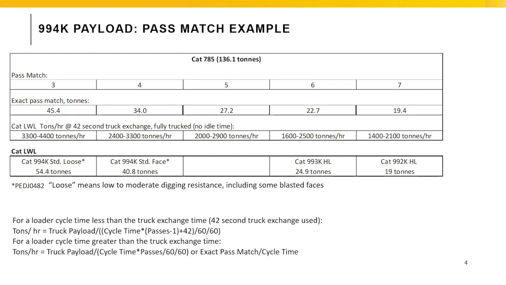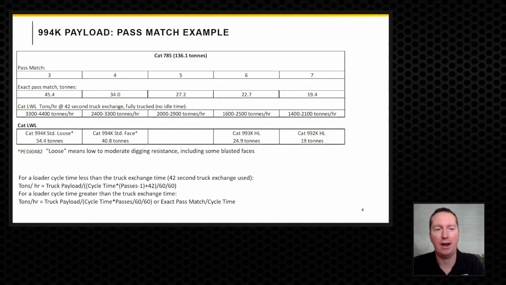Looking at that situation, what we'd need is 45.4 metric tons or 50 US tons in order to 3-pass into that CAT 785 and get that higher level of productivity that would come with it. In that case, in a low to moderate digging resistance application, the higher rated payload of 54.4 metric tons gives you more than you need to do that.